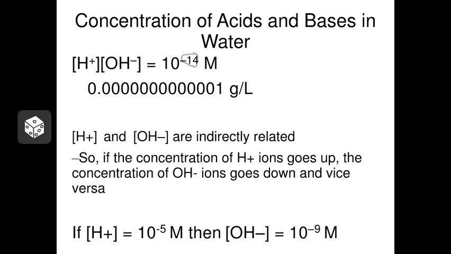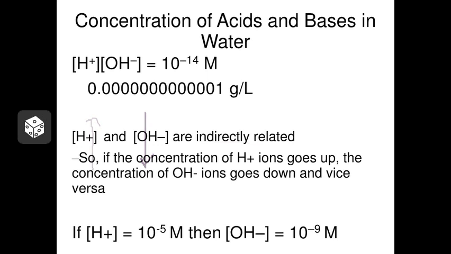Another thing that's important to understand is that the concentrations of hydrogen and hydroxide in any solution are indirectly related. So that means that as the concentration of hydrogen goes up, the concentration of hydroxide tends to go down, and vice versa. We can use this to help us determine the concentrations of hydrogen and hydroxide in a solution.